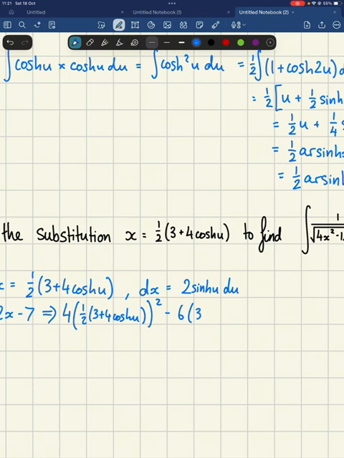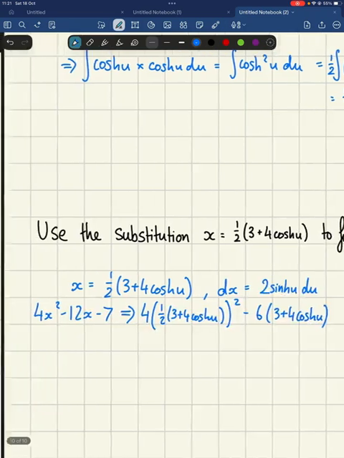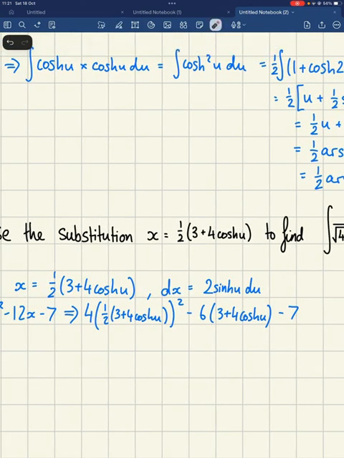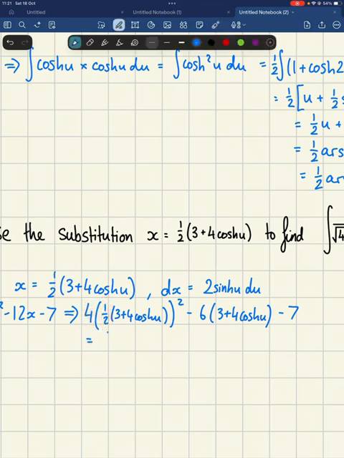So minus 6 times 3 plus 4 cos u, and then we're minusing 7. Well, this will become a half squared, which is a quarter, so 4 times a quarter is 4 over 4, which is 1. So what we get is just 3 plus 4 cos u squared, minus 6 times 3, 18, minus 24 cos u, minus 7.